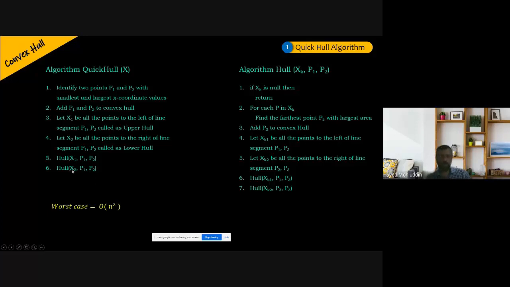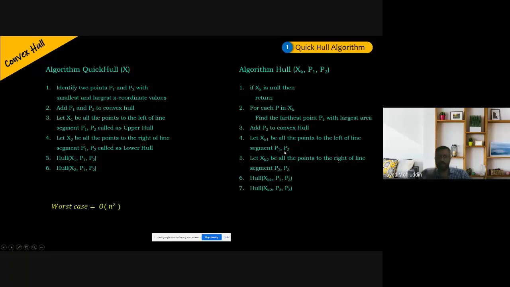So if it is X2, this K2, X of K will become X2, and again XK1 and XK2 means we will divide those, again the lower hull into upper hull and lower hull. So this is where the recursive call comes.